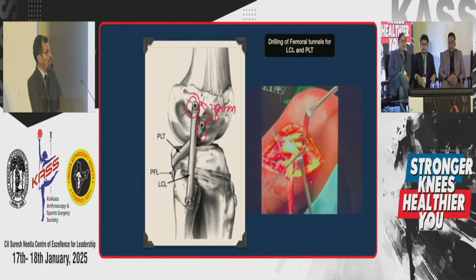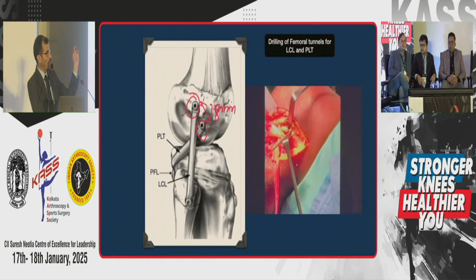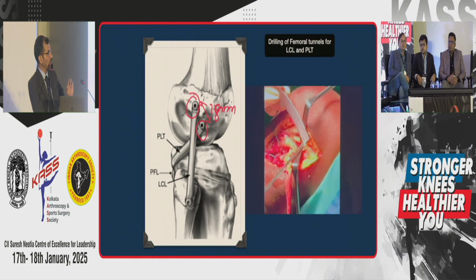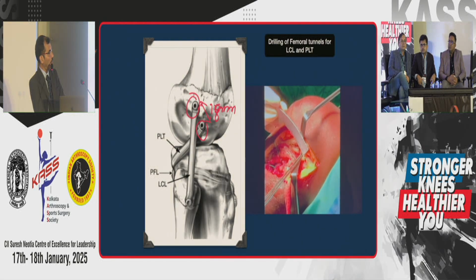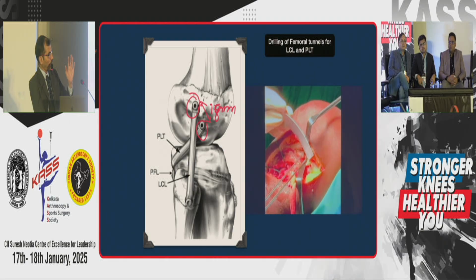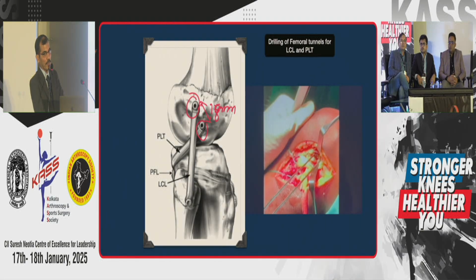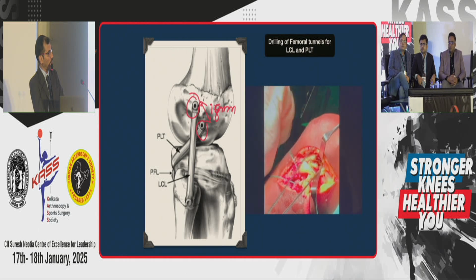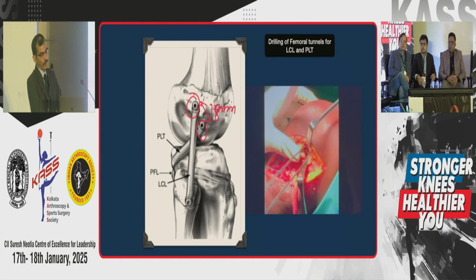The lateral epicondyle is one landmark, and from there 18 millimeters anteriorly and slightly distally you make a tunnel for the popliteus tendon. Pass about 40 degrees proximally; somebody was asking how to avoid tunnel coalition. If you pass about 40 degrees proximally and anteriorly, then you can avoid tunnel coalition.